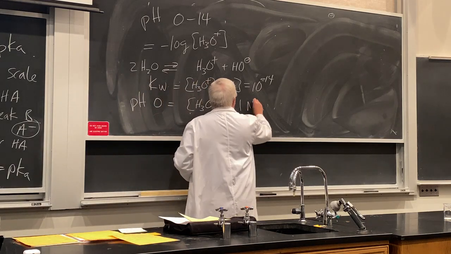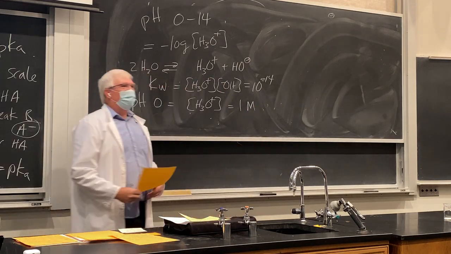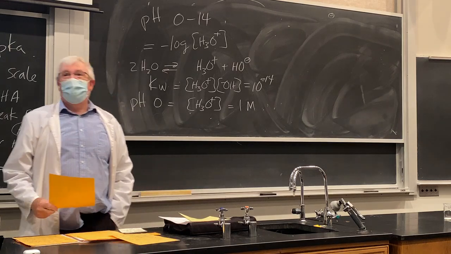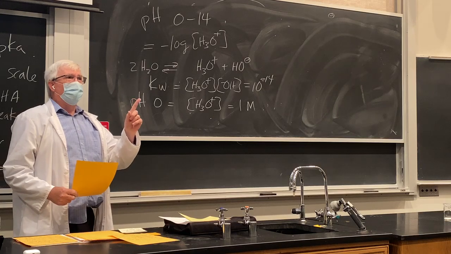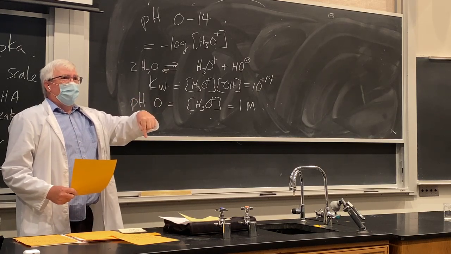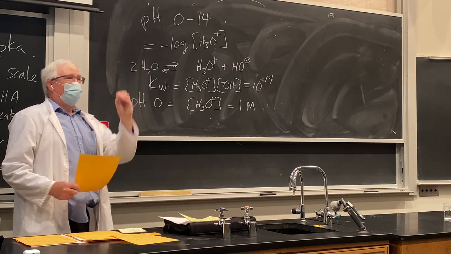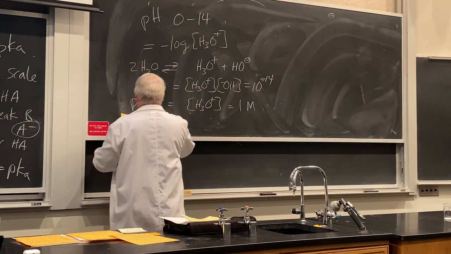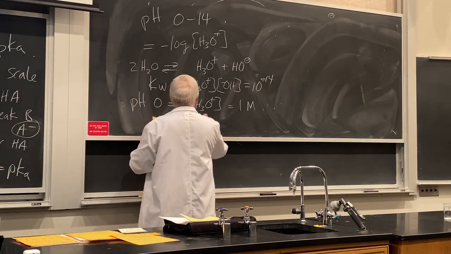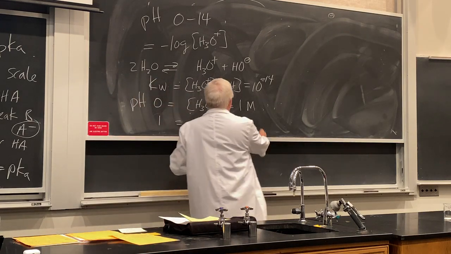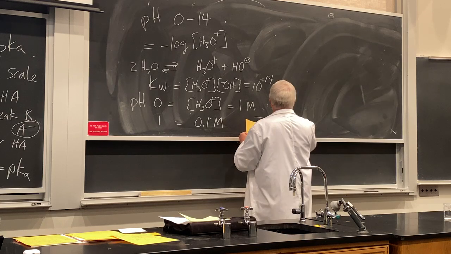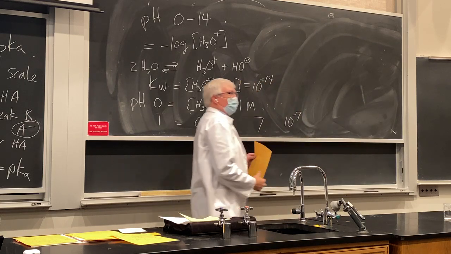And you can get that if you put 1 mole of hydrochloric acid or 1 mole of sulfuric acid in water. It'll completely ionize and make 1 mole of hydronium ion. And if you put your pH meter in there, it will register 0. Okay. pH 1, this is equal to 0.1 molar hydronium ion. pH 7, the hydronium ion is 10 to the minus 7.